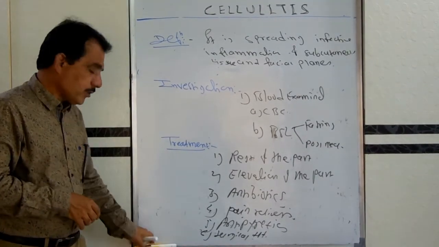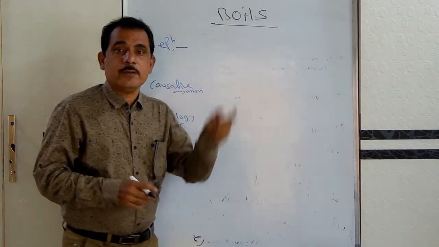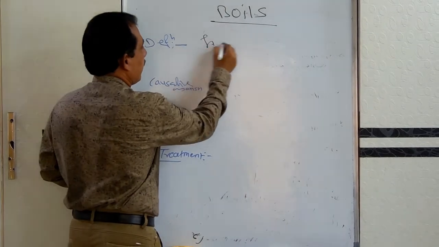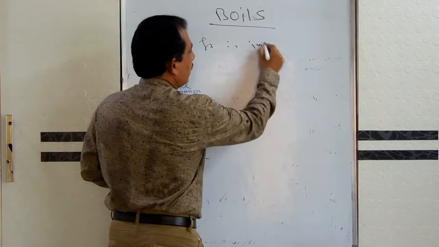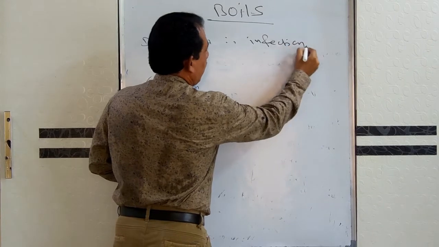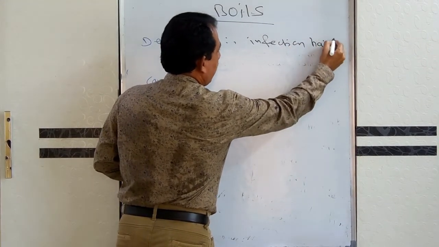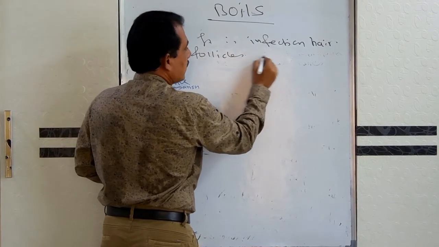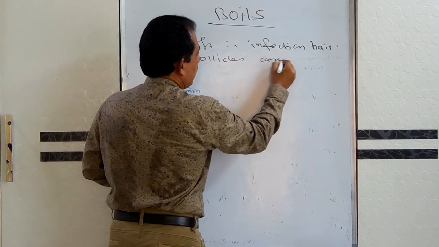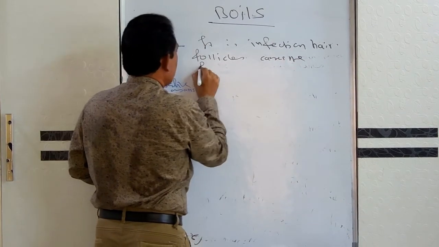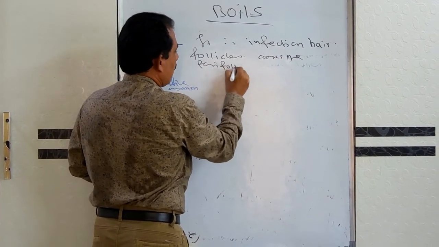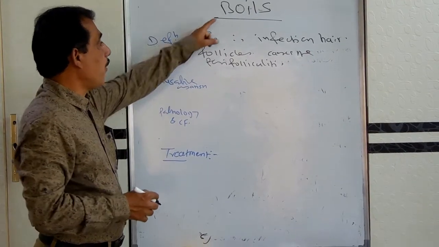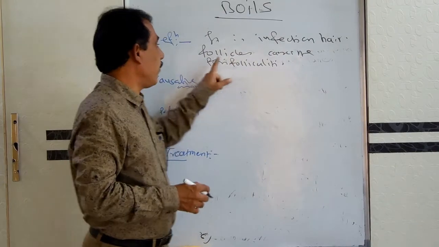So, cellulitis. Then we will see boils. Boils are an infection of the hair follicles, extending to cause perifolliculitis.